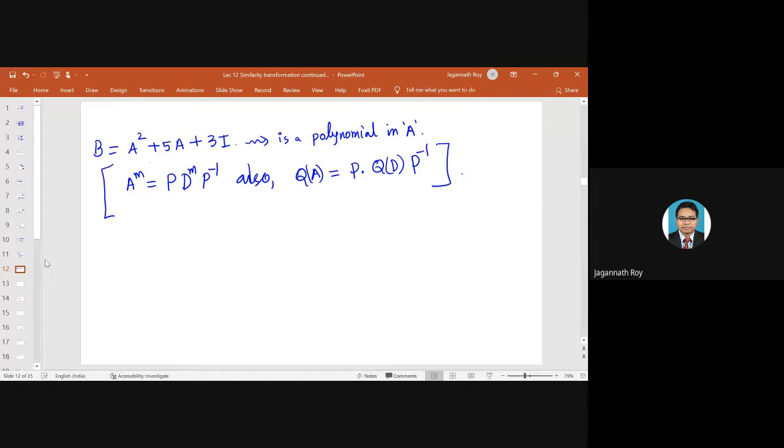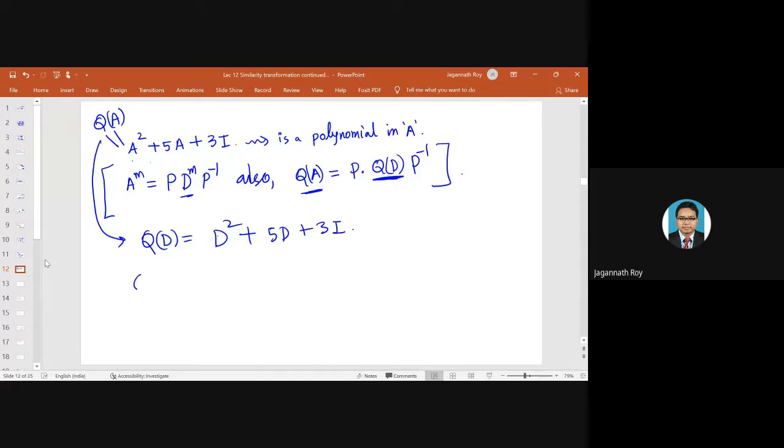Now, if you look at this matrix, since this is a polynomial in A, let us write Q of A. So this is Q of A. If you put D in place of A, you get Q of D equals D square plus 5D plus 3I.